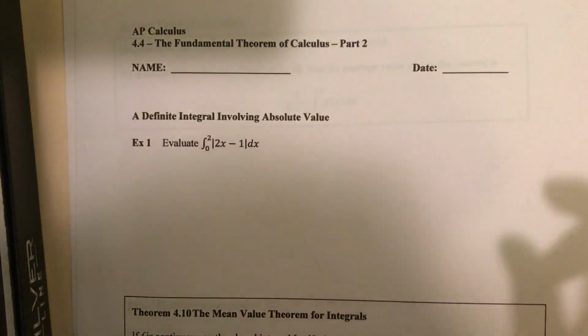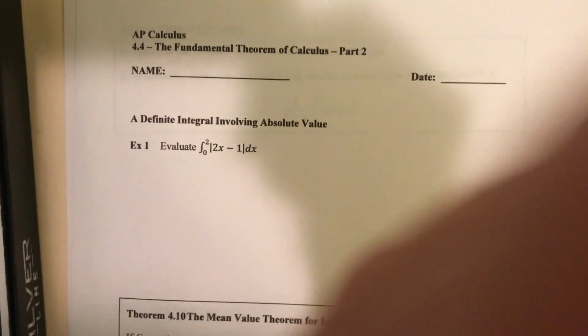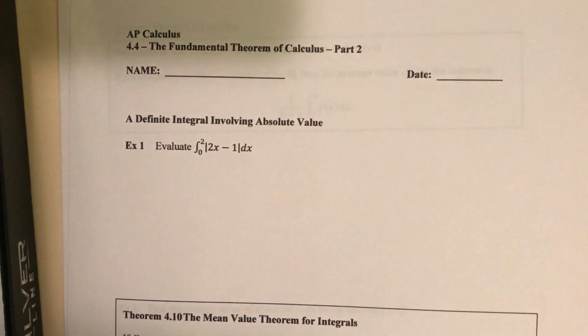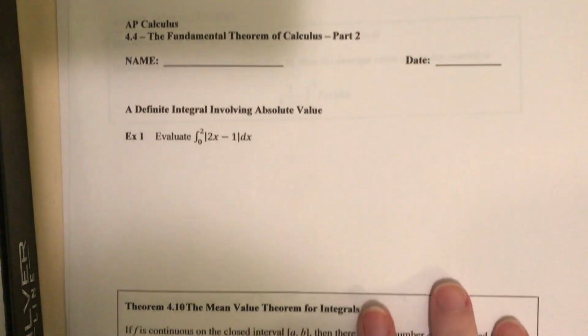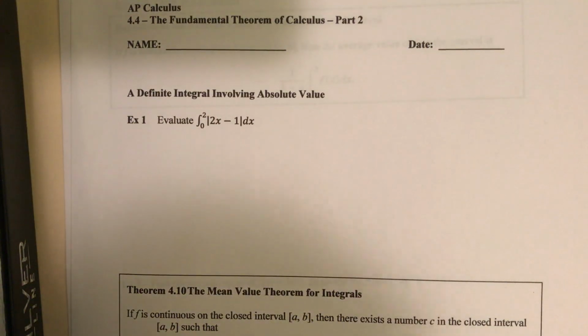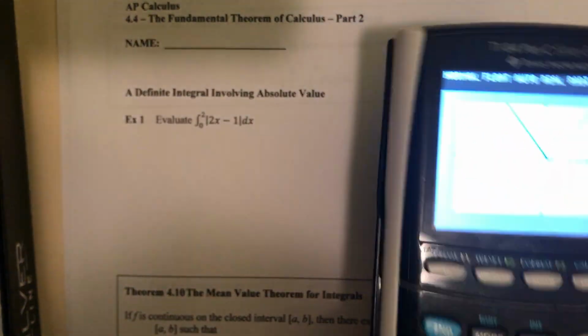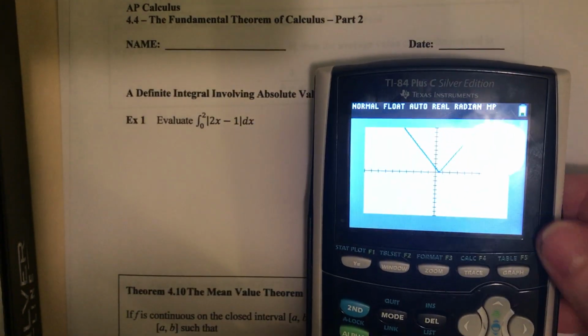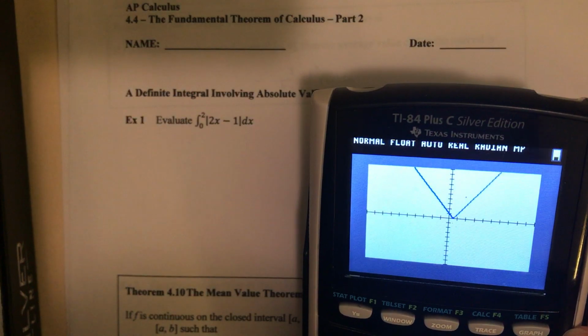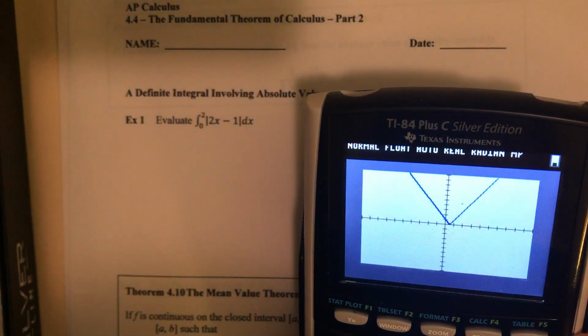Okay, so we're going to be doing part 2 of our fundamental theorem of calculus lesson. We're going to start by looking at an integral of an absolute value, which we have not done before. So if I graph this function, I've got it all plugged in here. I've got the absolute value of 2x minus 1.